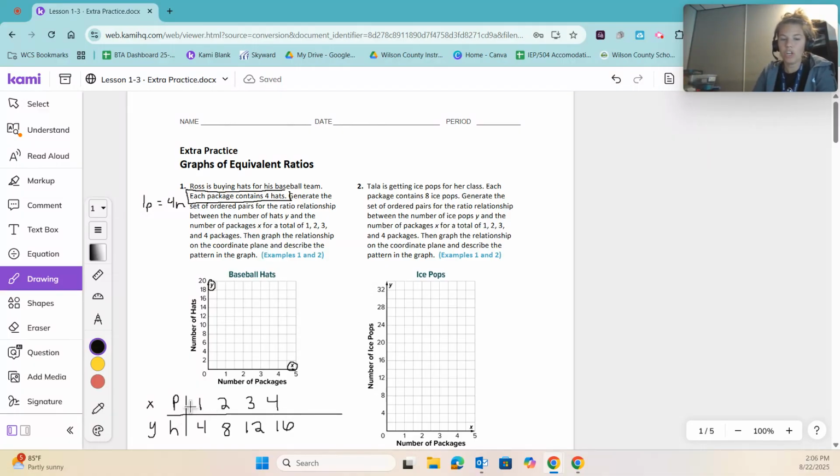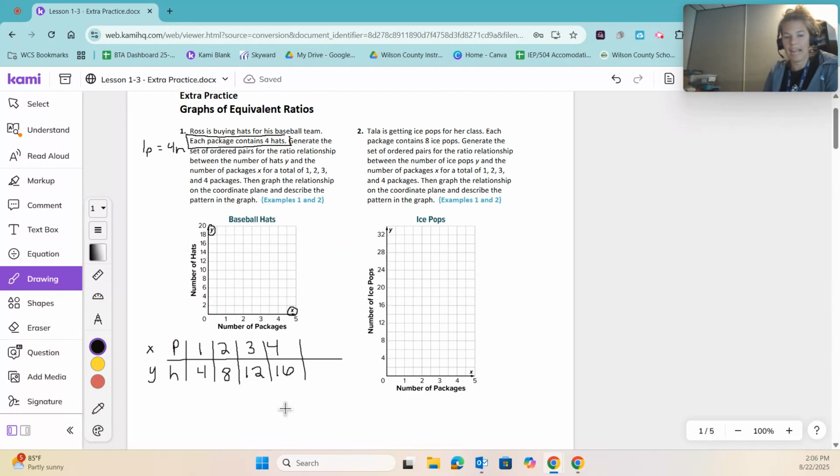Now we're going to use our table to plot points on our graph. So these transfer to ordered pairs. You've plotted points in the past where you have your x value, comma, your y value, and then we plot the points. Well, 1 is my x value, so for one package, I have 4 hats.